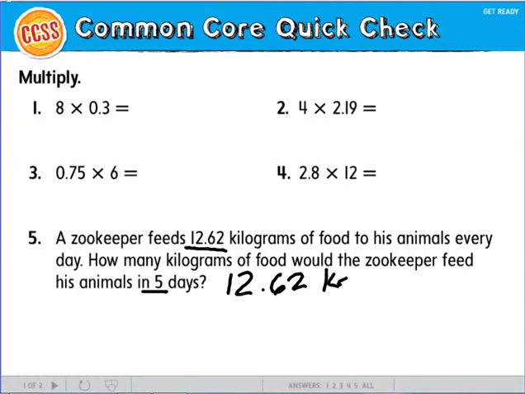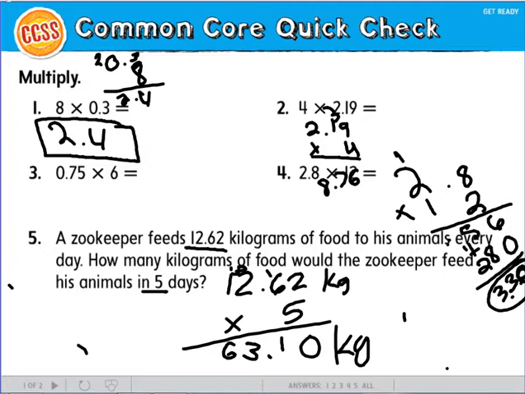Kilogram. Times 5. So our answer needs to be in what? Kilograms. Okay? Does that help you set it up? You guys go ahead and solve those problems.